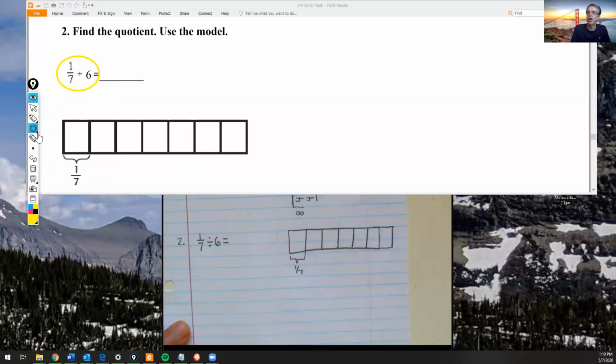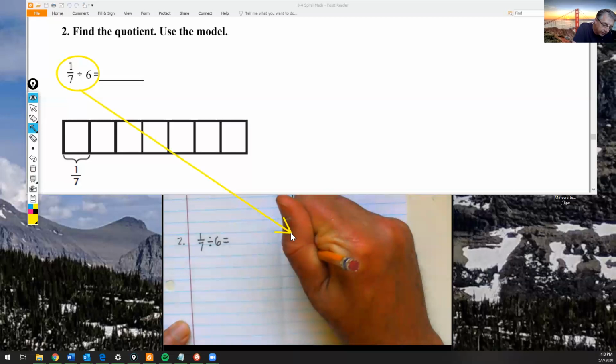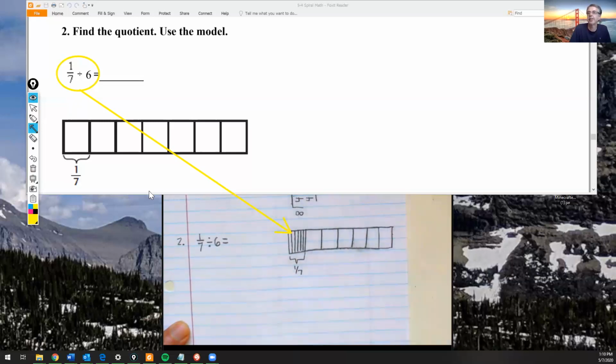That means taking the 1/7 and dividing it into 6 equal parts, and then finding out what one of those is equal to. Here's what I'll do. I'll go down here and divide my 1/7, 1, 2, 3, 4, 5, into 6 equal parts.